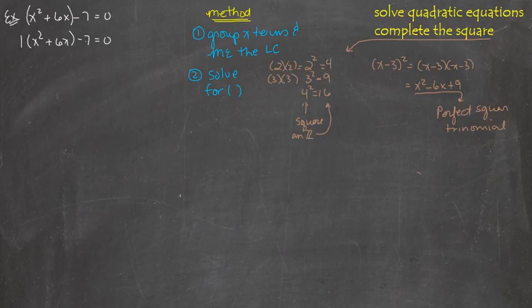The only thing I really have to move to the other side is the -7. I'm going to add that to both sides. So I get x squared plus 6x equals +7 divided by 1 equals 7. So now the next step is to make room for the new term.